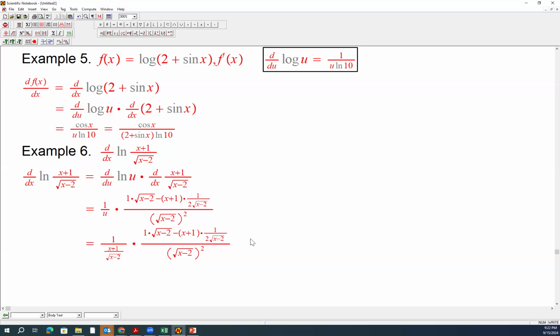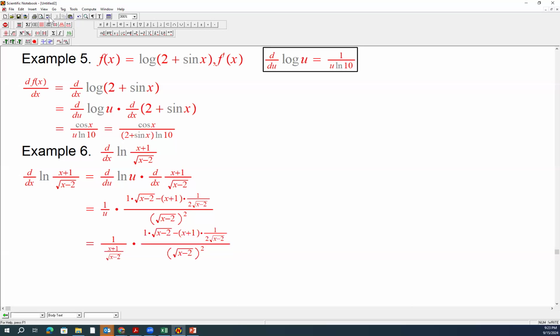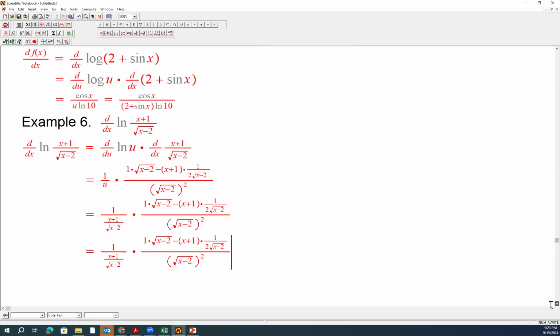Then we have a complex function situation. So what we can do, we can take care of this part. You can do your normal complex fraction in many ways, in at least 2 ways. But what I'm going to do is take care of this part. So root x minus 2 will be flipped up. So in the denominator is just x plus 1. And I'm going to take this root x minus 2 to multiply this top.